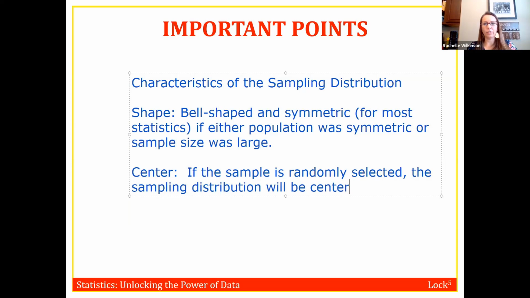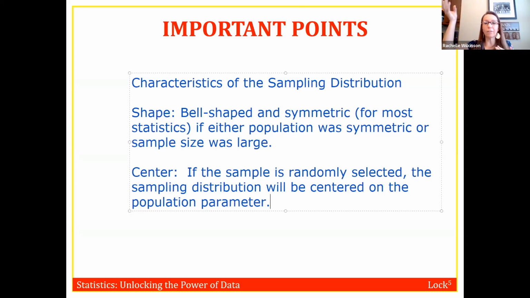In other words, the mean of one will be pretty much equal to the mean of the other one. So that's good. That means that when we take a sample, we're just as likely to get a value that is above the parameter as we are to get one that's below the parameter. So that means that our statistic is unbiased.